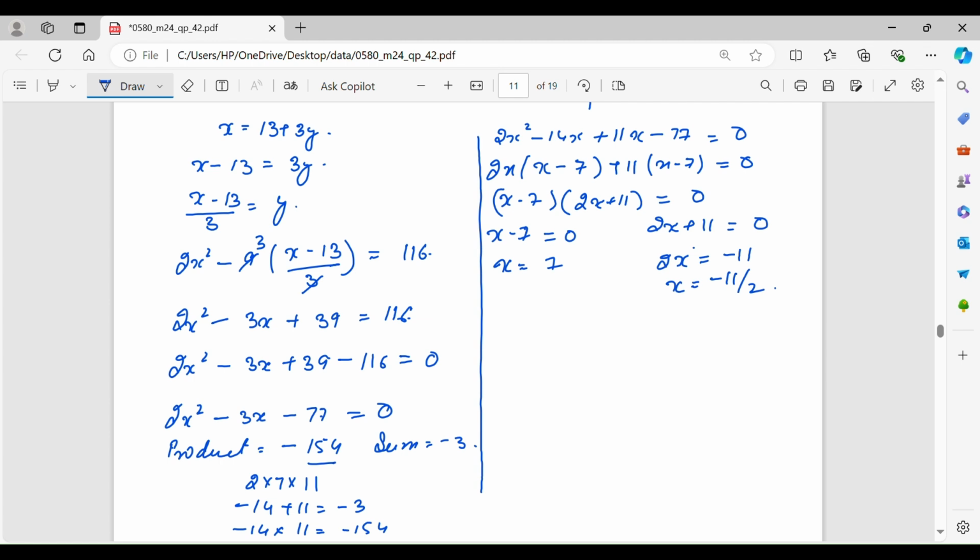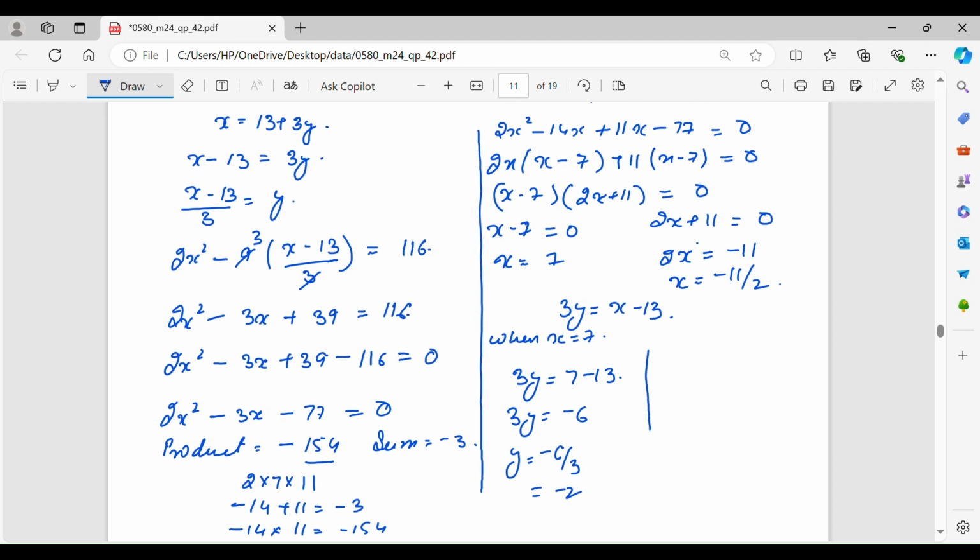Now from there we have to find the y values. 3y equal to x minus 13. So when x equal to 7, then 3y will be equal to 7 minus 13. 3y will be equal to minus 6. Y will be equal to minus 6 by 3, which is equal to minus 2.